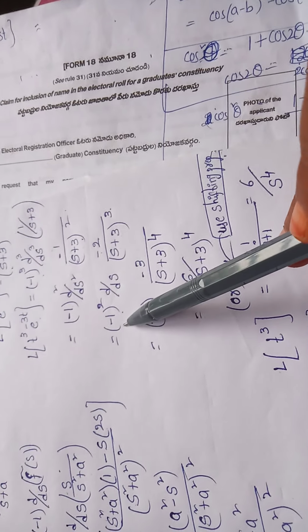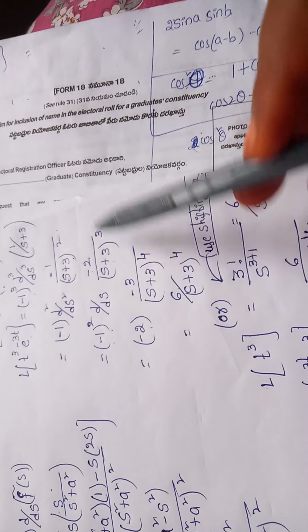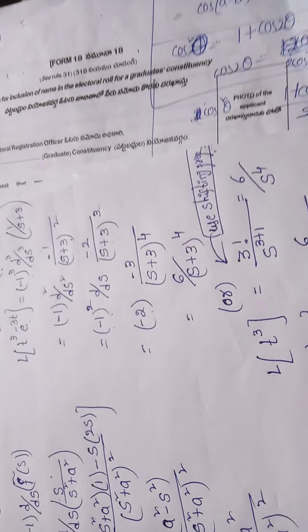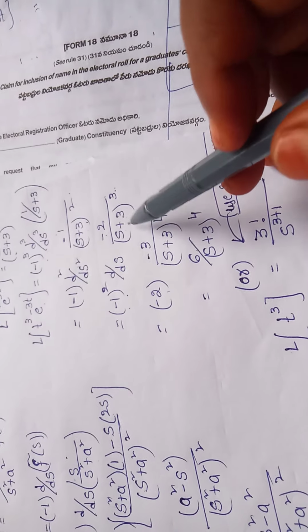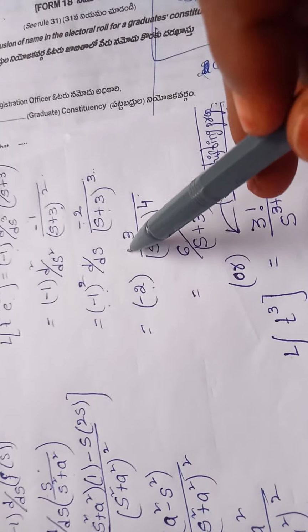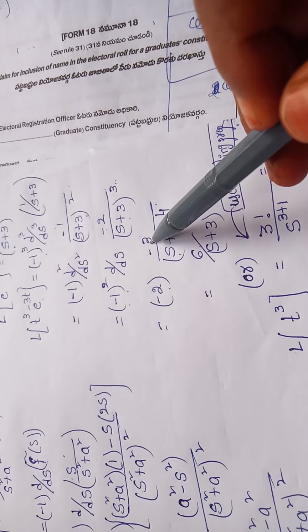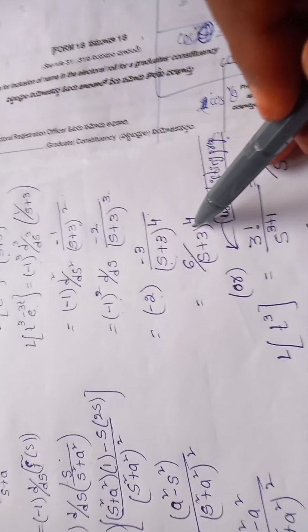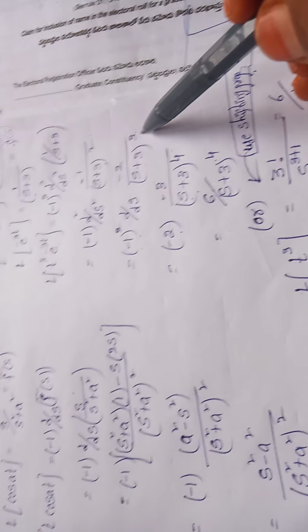So here minus 1 whole square 1 and minus 2, 1 by s plus 3 whole cube. Next, minus 3 by s plus 3 whole power 4. Minus 2 into minus 3, 6 by s plus 3 whole power 4. This is using the multiplication of t.